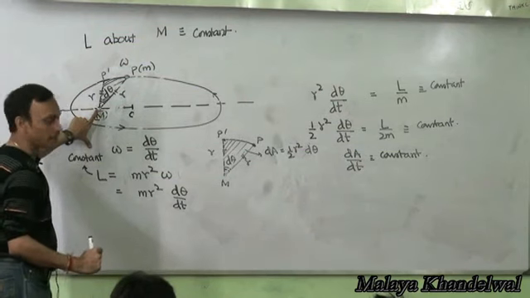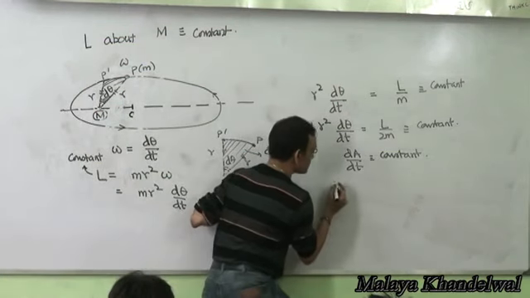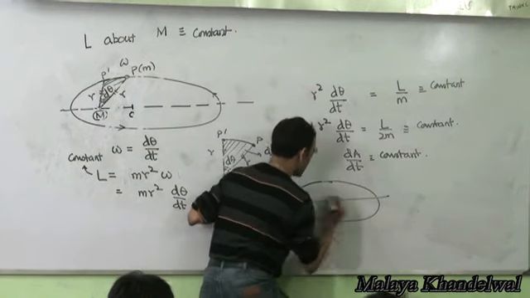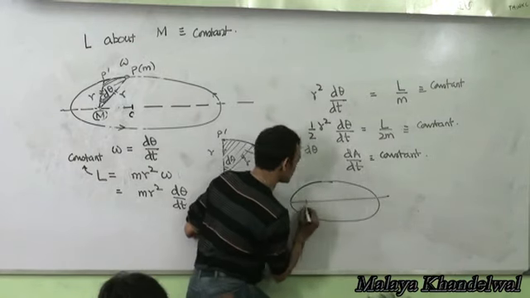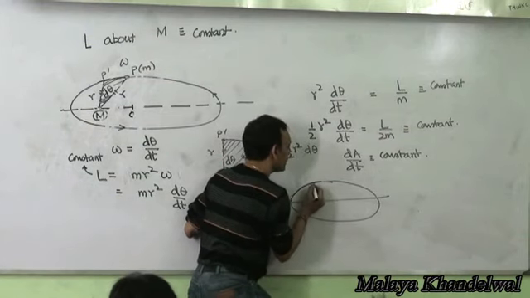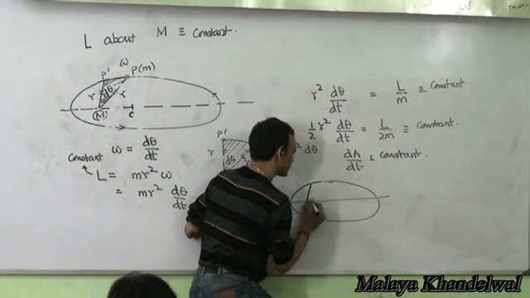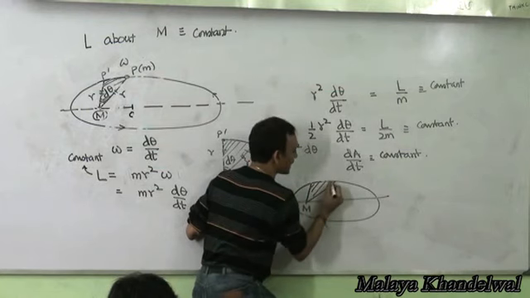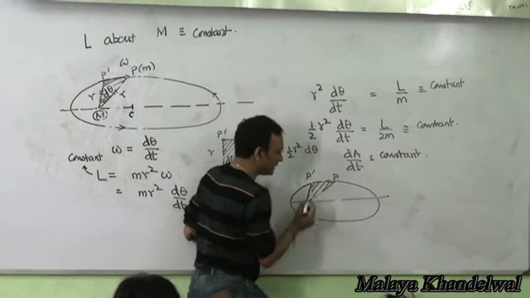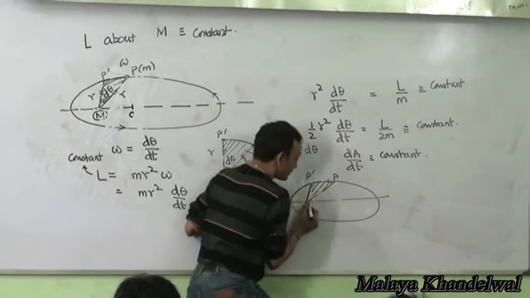Basically then what it really means is, if a particle executes an elliptic trajectory about capital M, then in a given time, if it moves from P to P prime, it describes this area.